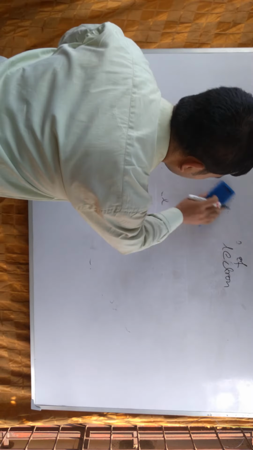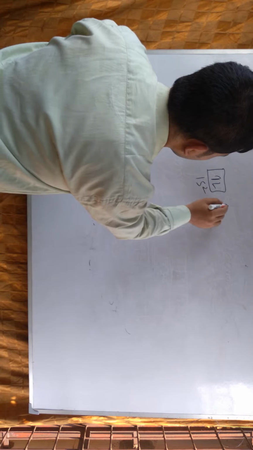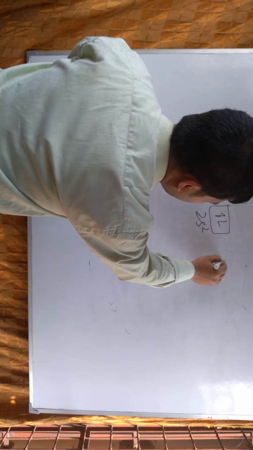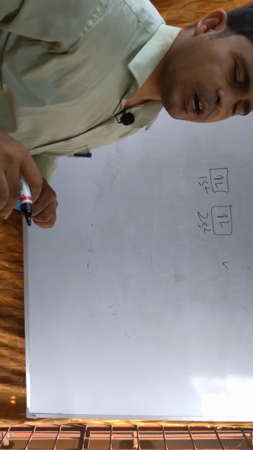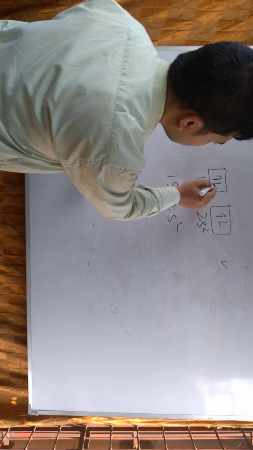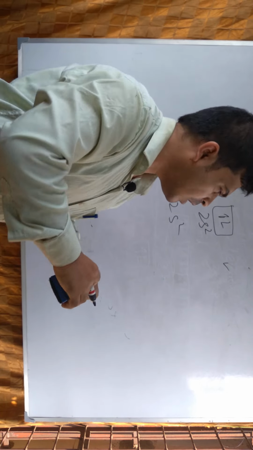Another important point is when you write the electronic configuration by orbital diagram, 1s2, 2s2 in this way, it has an advantage over only using 1s2, 2s2, because here all the quantum numbers are shown.